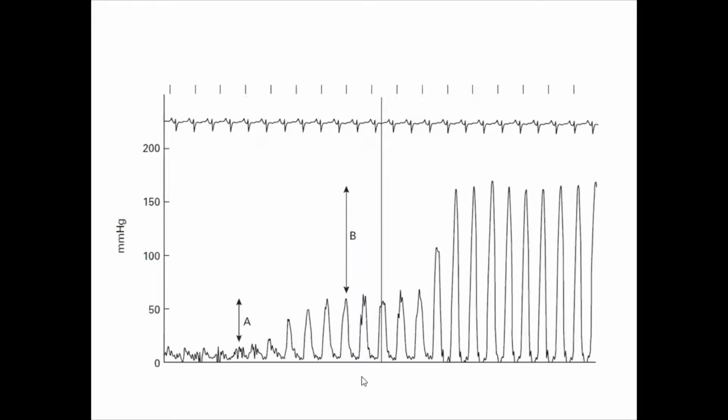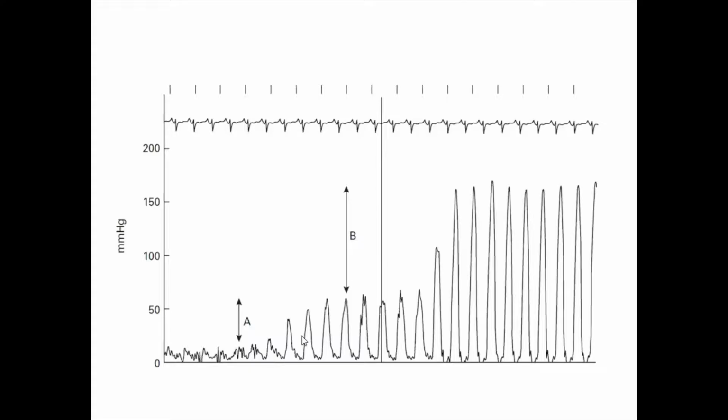If I have a systolic gradient between the pulmonary artery and the RVOT, what is the structure between them? It is the pulmonary valve. This gradient, the A, is a systolic gradient because this is the maximum systolic pressure.